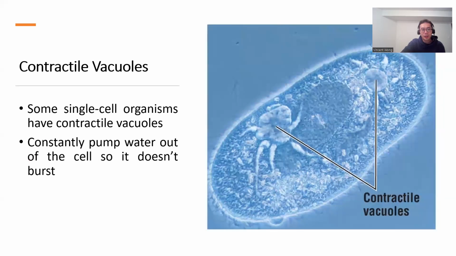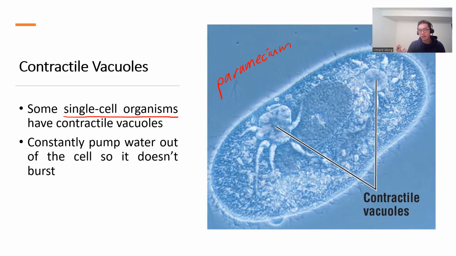There is another kind of vacuole. This is not in the plant, but it's found in some single cell organisms, like this guy. You might remember this picture. This is a paramecium. It's in the same category as amoeba.